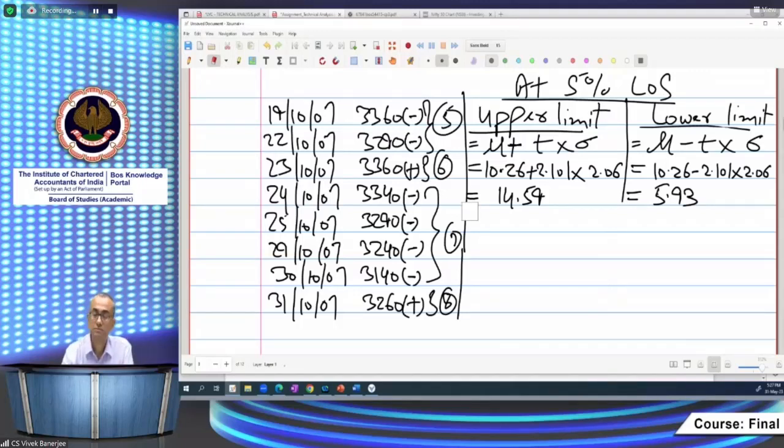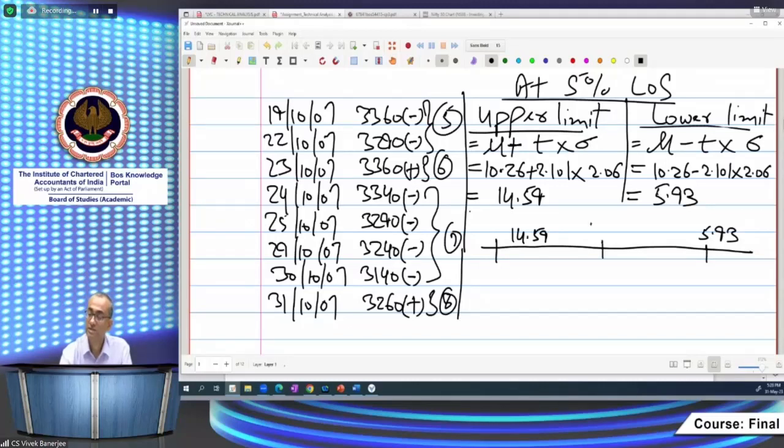Let me make it clearer to you. This is the upper limit, 14.59, and this is the lower limit, 5.93.